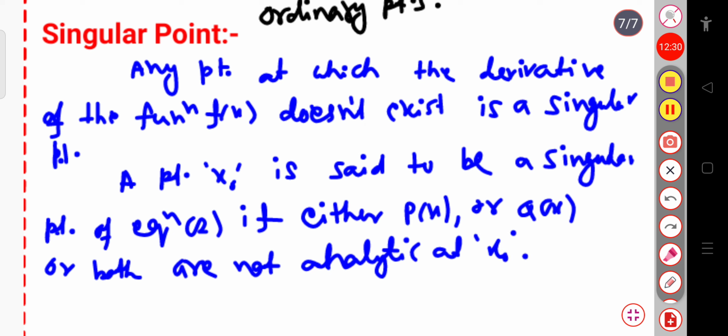So that point is called the singular point. When the function is not defined at any point, that point is called the singular point.